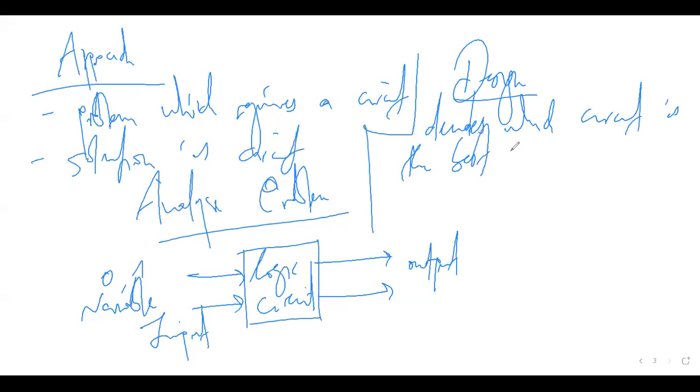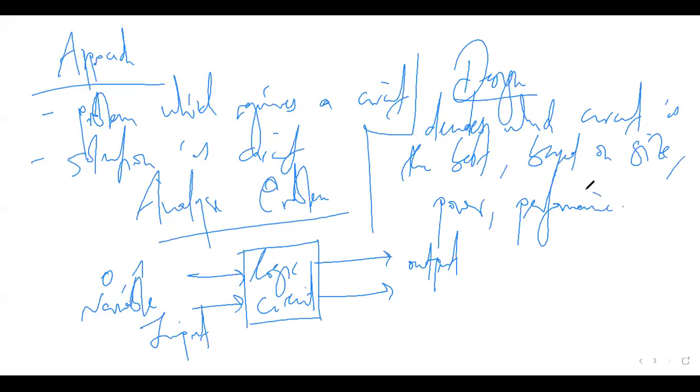And all this is based on the size of the circuit, the power, and the performance of the circuit. So when we talk of a circuit, I'll give an example. We have a television problem.